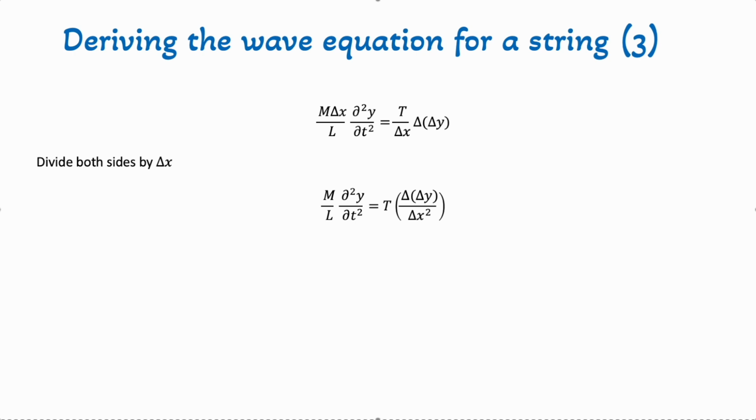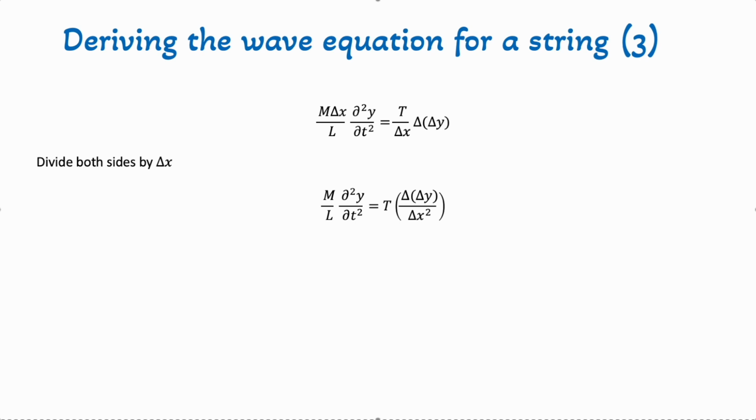I'm also going to do something far more fundamental, which is I'm going to go from our unrealistic picture of our string as being made of little bits of mass, delta m, separated by distance delta x. And I'm going to take the limit as delta x tends to 0. And we've got a continuous string again.